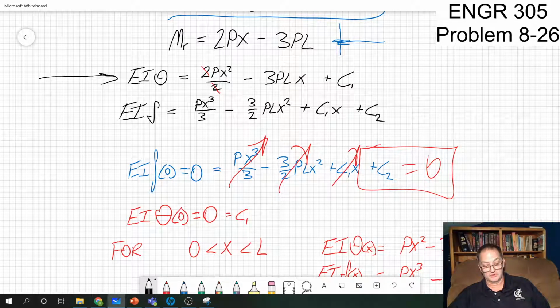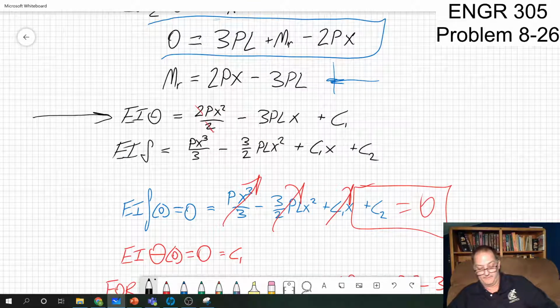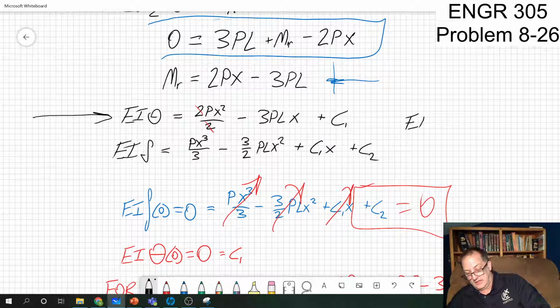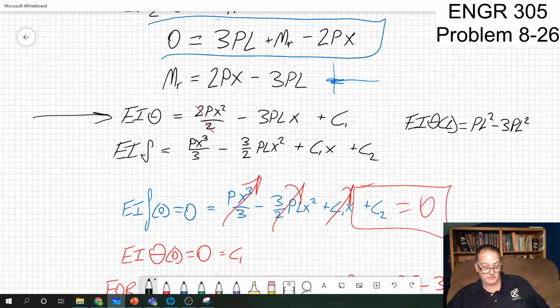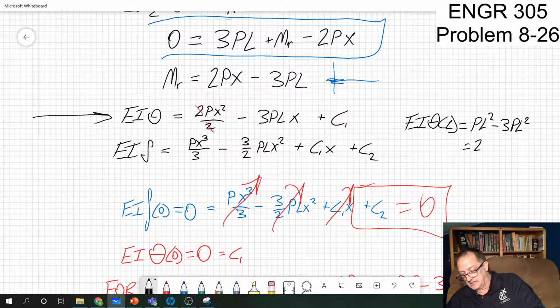So EI theta at L is equal to PL squared minus 3PL squared, which is equal to minus 2PL squared.